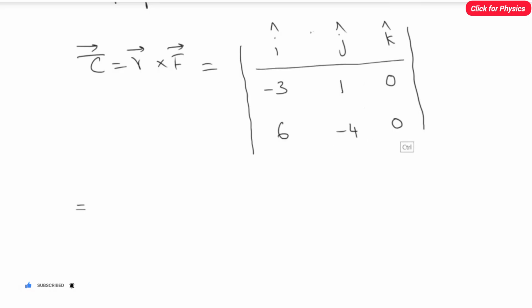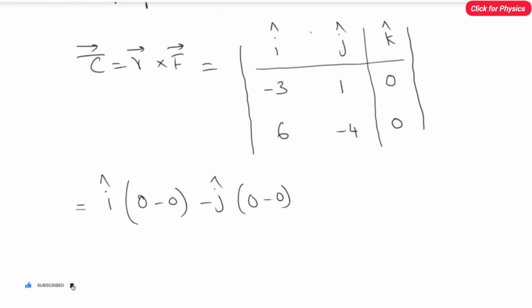Now for k cap, we should not touch the first row and the last column, so we take the values here. Minus 4 multiplied by minus 3 is plus 12, minus of 6 multiplied by 1, which is 6. For i cap we got 0 minus 0, and likewise for j cap also it's 0 minus 0, but k cap takes the value of plus.